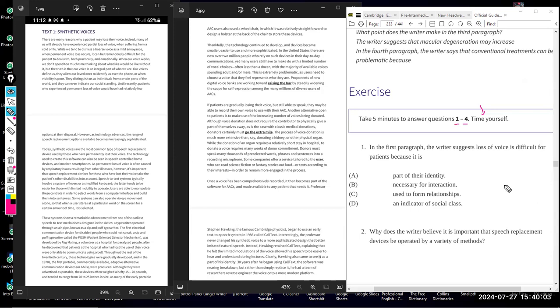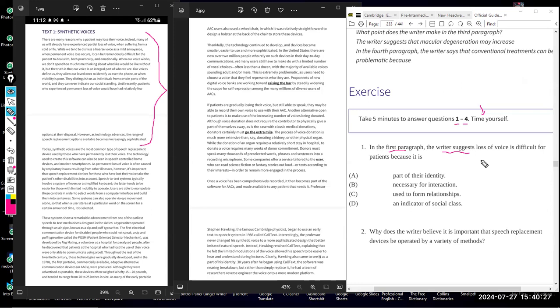Okay, absolutely. The question is saying I have to read only the first paragraph. This is the first paragraph. Please read the question carefully because some students don't read the question carefully and keep reading and losing their time. Okay, now what is the suggestion of the writer about the question?